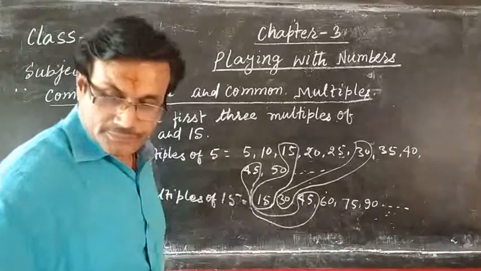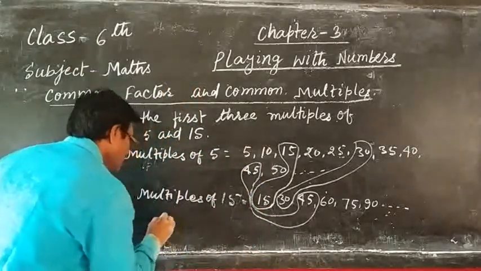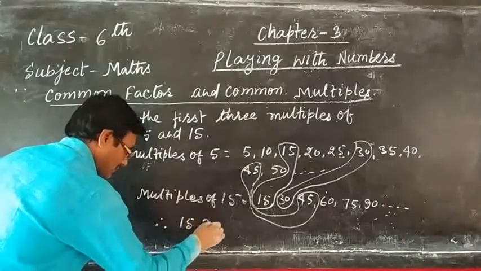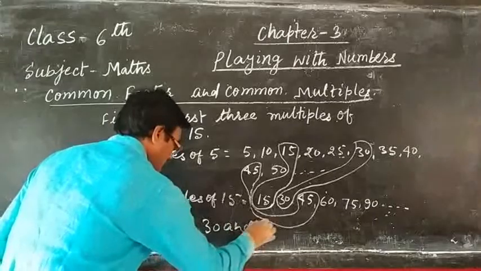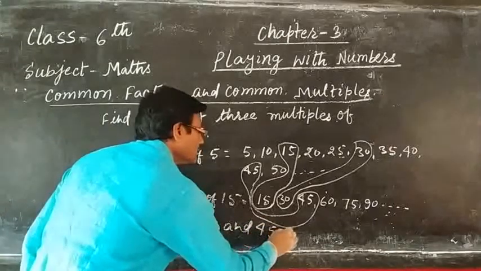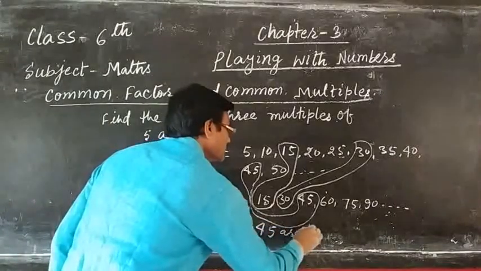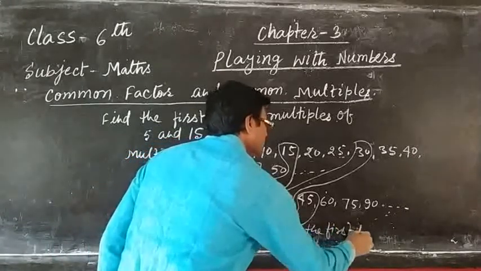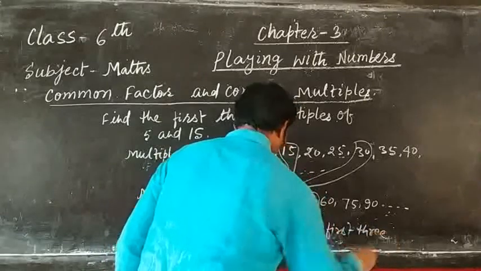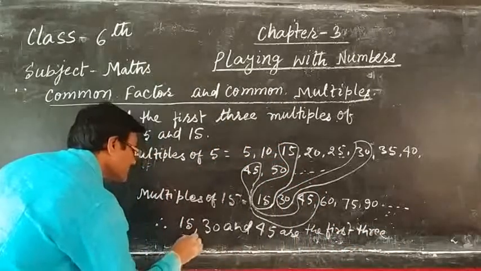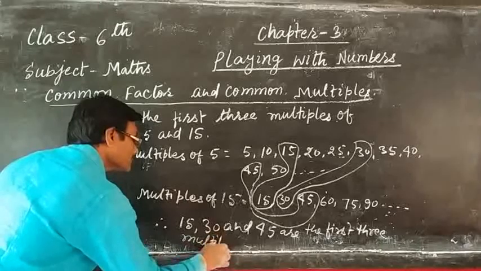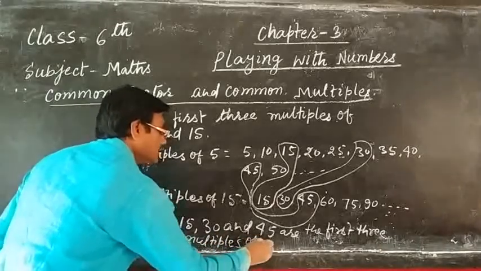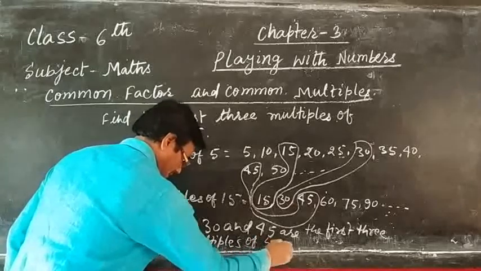And therefore 15, 30 and 45 are the first 3 common multiples of 5 and 15.